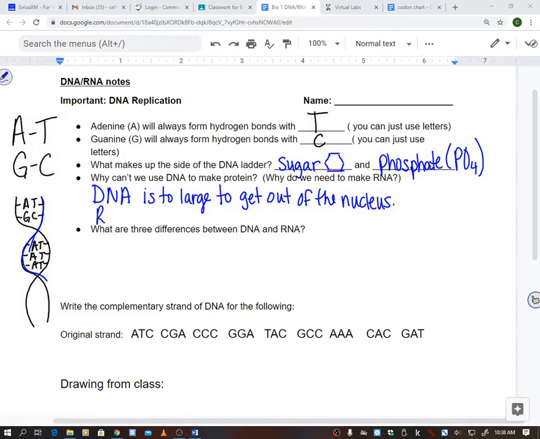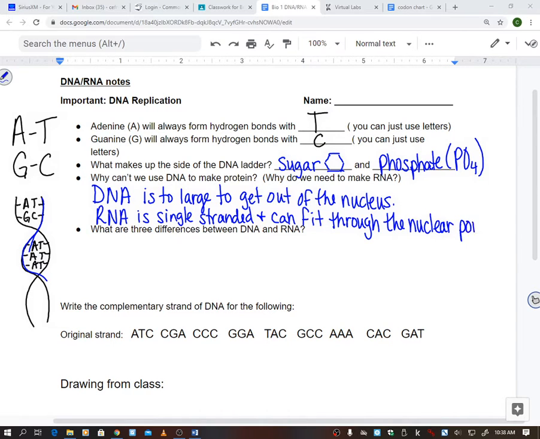RNA is single-stranded and can fit through the nuclear pore. When we looked at cells, we saw our nucleus, and if you take biology 2, we go a little more in depth.